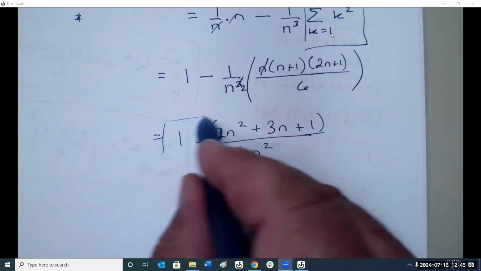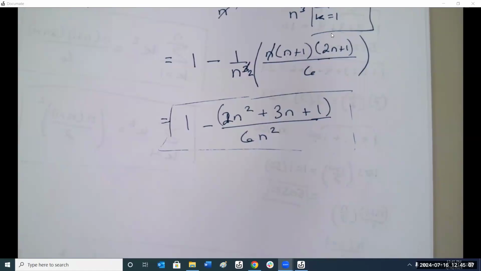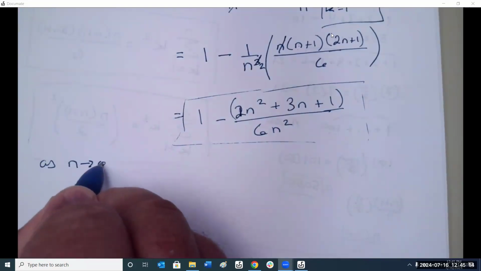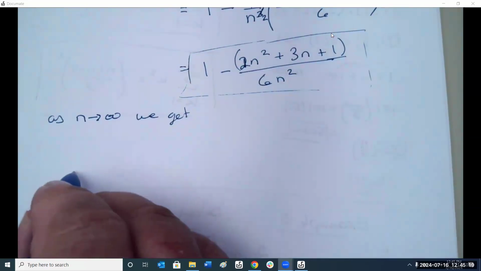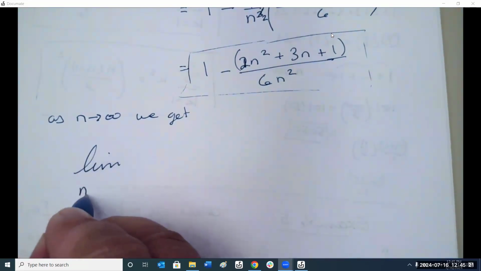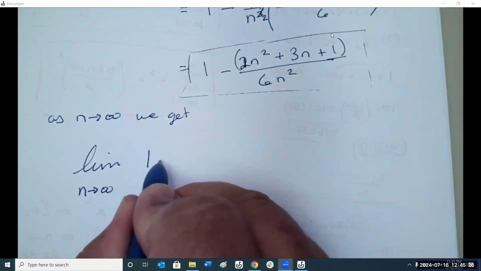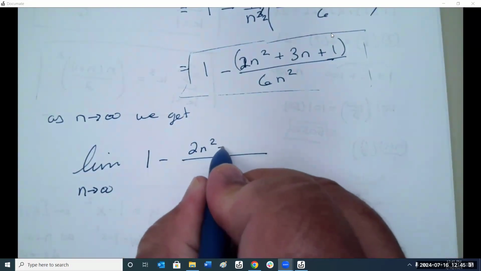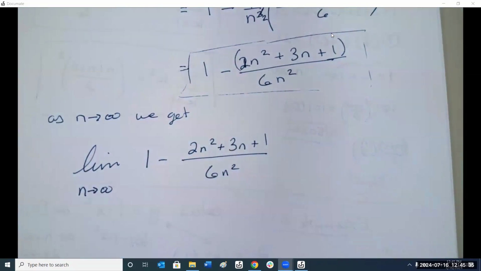Now we have a formula. What is n going to? As n goes to infinity, we get the limit as n goes to infinity of our equation: 1 minus 2n squared plus 3n plus 1 over 6n squared.